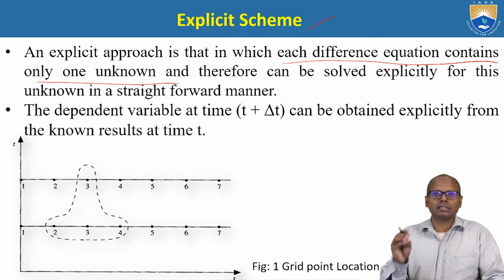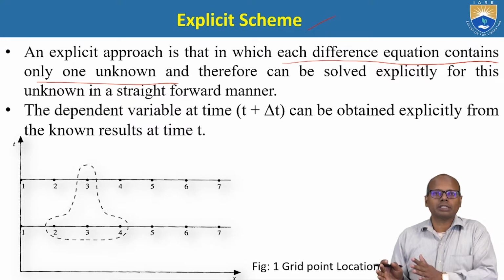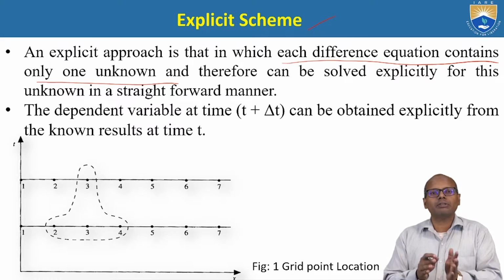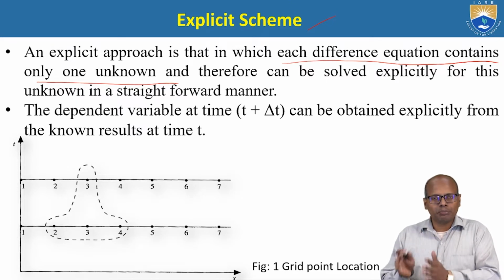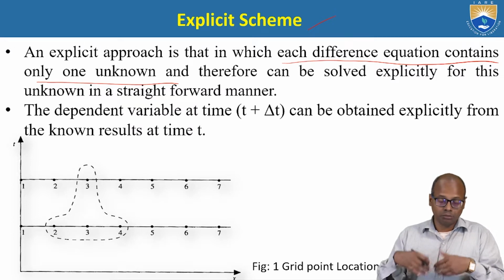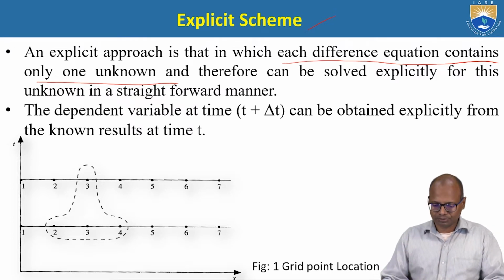Okay, so that is the starting point of this discussion. So explicit approach means the finite difference equation has only one unknown, and implicit approach means the finite difference equation has more than one unknown.